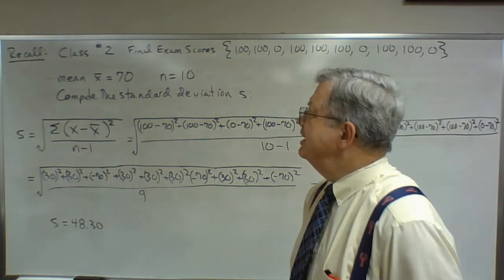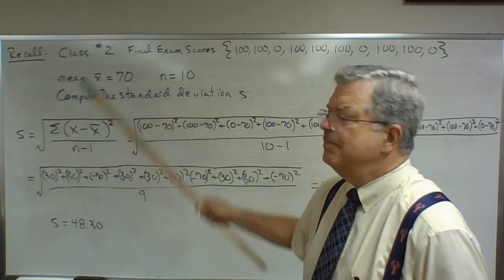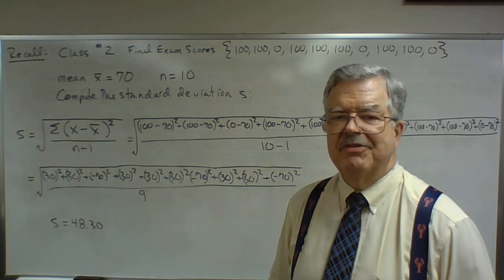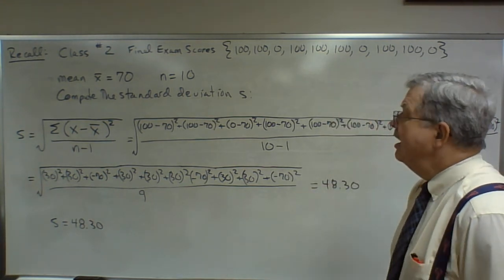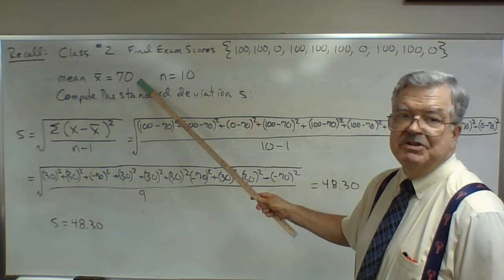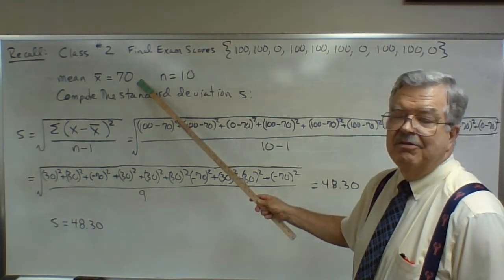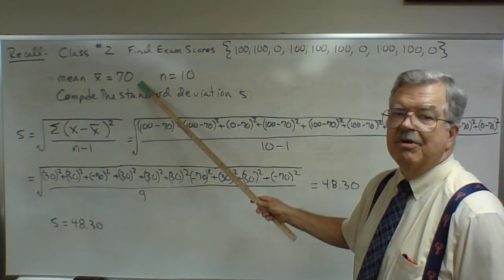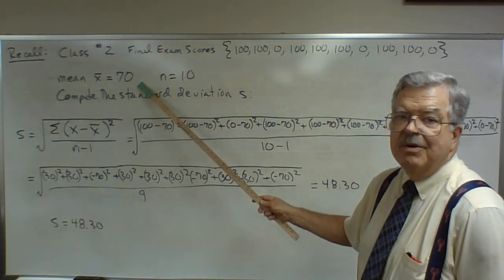Well, let's see. We did class 2. Let's do class 1 just for the sake of comparison. Here, the mean, 70. Students could have been all average, or we could have had some really good students, some really poor students. Who knows?